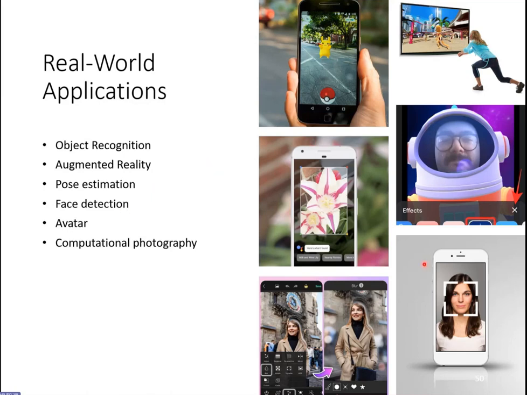And face detection. This is a cell phone, and why is face detection important? Let me think in this way. Some old cameras don't have a face detection system. What will happen?